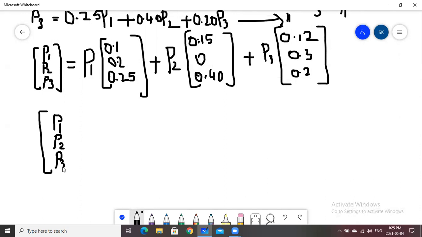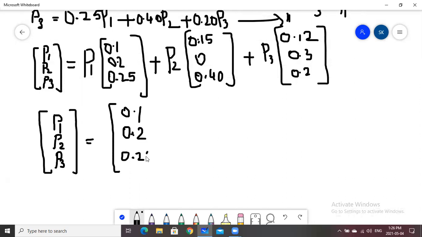is equal to, now the values of P1 are 0.1, 0.2, 0.25. Write them as they are.